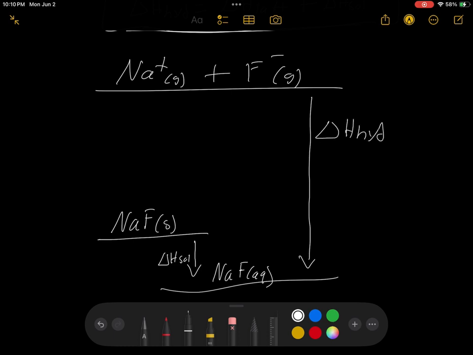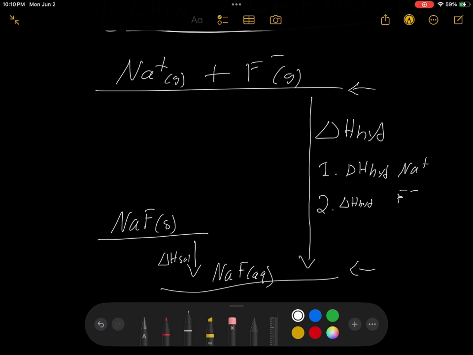You would need to express that this is really two steps: one is delta H hydration of sodium, and the second is delta H hydration of fluorine. So that's how you would express that step from this top platform down to this bottom platform.